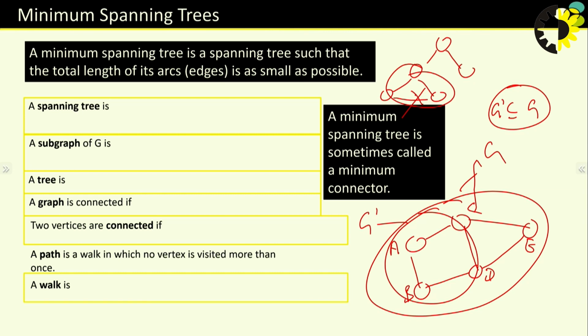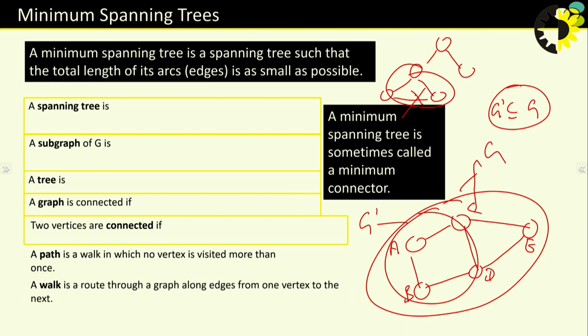A path is a walk in which no vertex is visited more than once. Here we will not repeat a path again and again. A walk is a route through a graph along edges from one vertex to the next vertex.